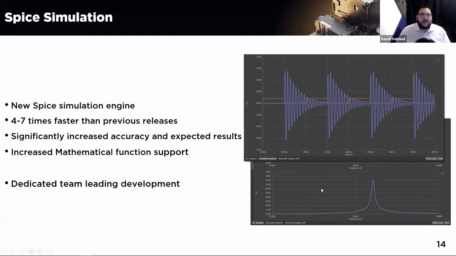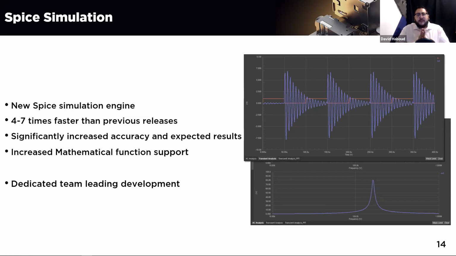So let's go into SPI simulation. We have introduced a new SPI simulation engine. This is another thing we focused on, given a lot of user feedback on people wanting more, better SPI simulation. We found it to be 4 to 7 times faster than previous releases.